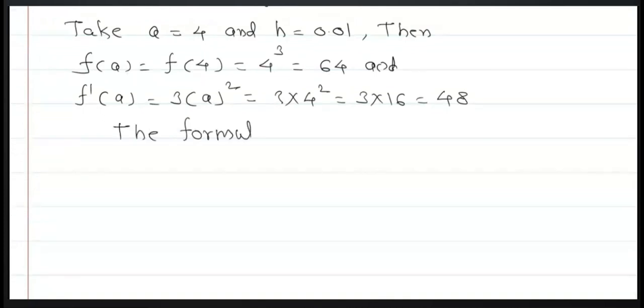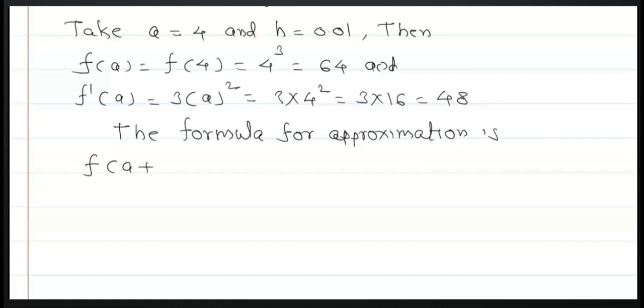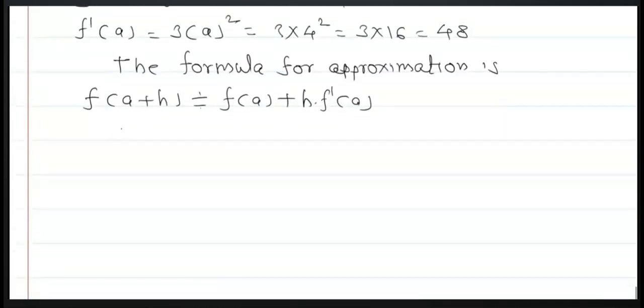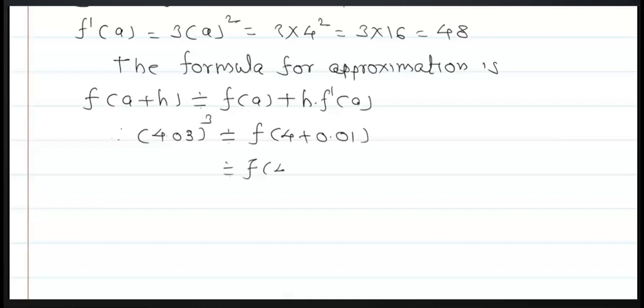Then formula for approximation is f of a plus h is approximately equal to f of a plus h into f dash of a, that is 4.01 bracket raised to 3 is approximately equal to f of 4 plus 0.01.